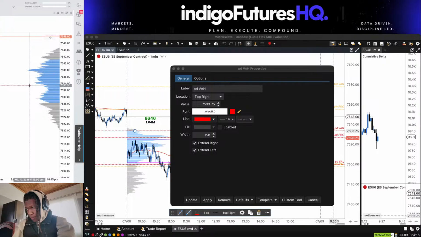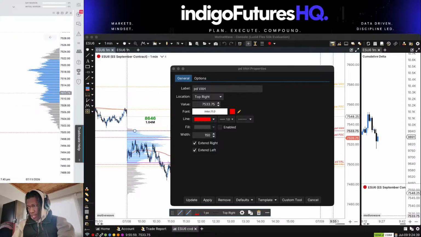And there's this thing where if you click on the chart, it gives you the option to enter price.